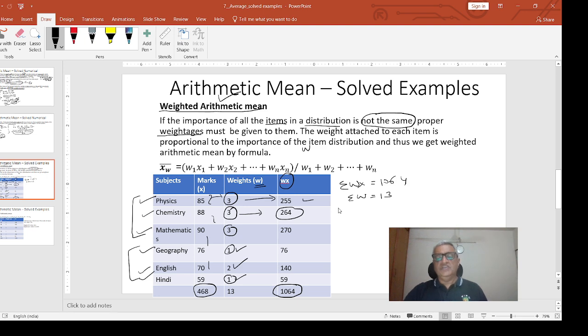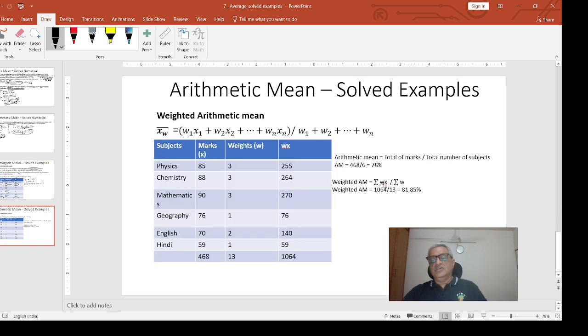My weighted arithmetic mean is summation of Wx divided by summation of W, that is 1064 divided by 13. This is how I would get the weighted arithmetic mean, and it is calculated on the next slide. Here it is. So my weighted arithmetic mean comes out to be 81.85. Correct? So this is how it is.